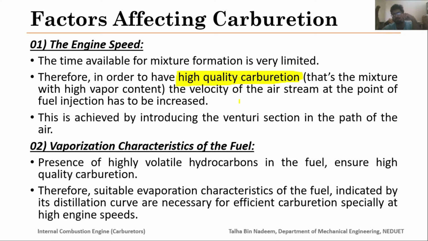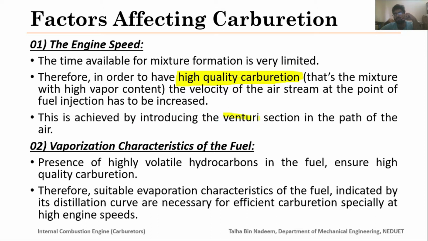So what I am trying to say here is that when you have a high engine speed, the time available for carburation is very low, and your carburetor must be very efficient to provide the desired air fuel mixture. This is achieved by introducing a Venturi section.